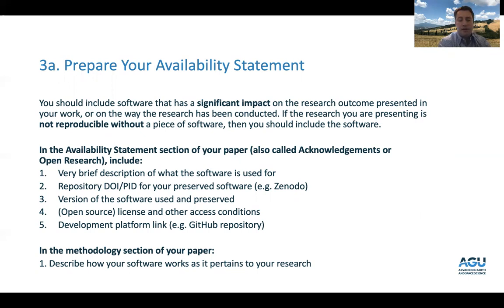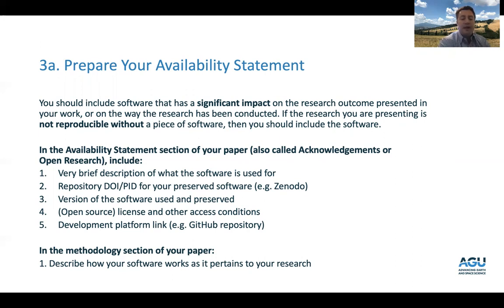Sometimes we encourage open source licenses, but that's not always the case. And there's a gray area as far as software sometimes. And sometimes there are access conditions for that software. Sometimes you need to request access, or there's potentially a fee, or there's closed access.